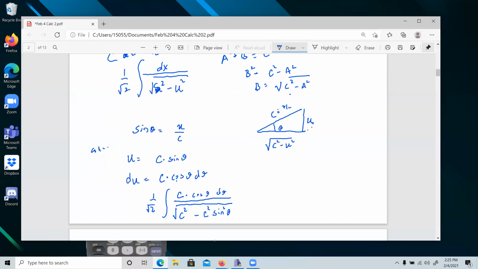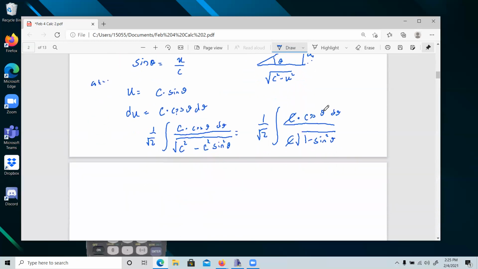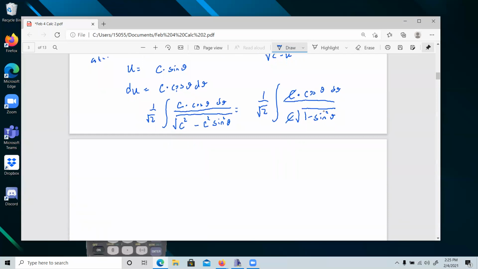So if I square it, c squared sine squared. I'm going to pull out the c. How's that look? You glad you carried that around as a number? So here we go. Cosine theta on the top here, d theta.